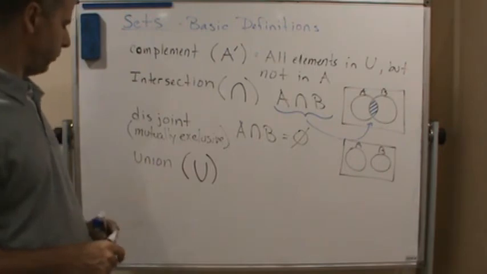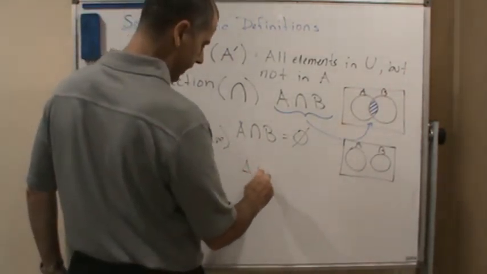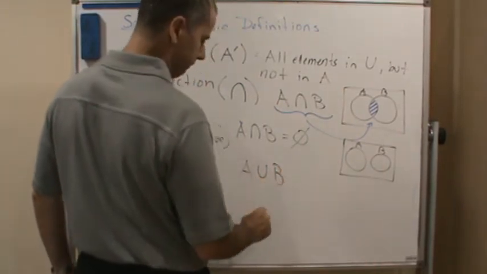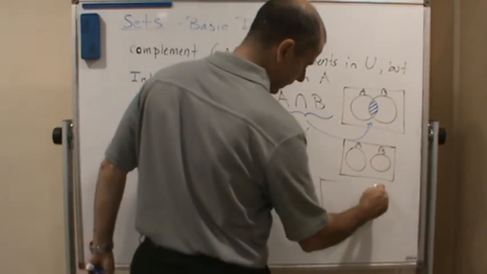We use this symbol for union, and if we want the union of A and B, in a Venn diagram it would look like this.